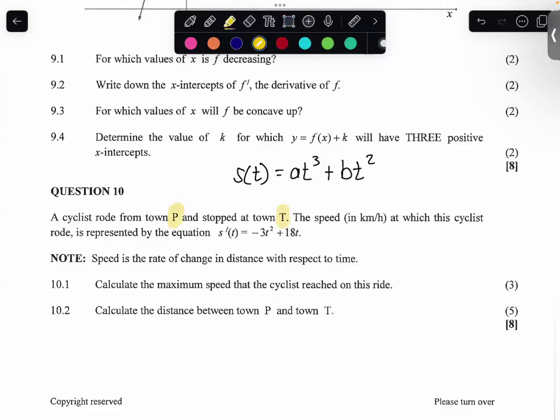And he stopped at town T, and that's also where his speed was 0. So I'm going to calculate the time taken for him to travel from town P to town T.